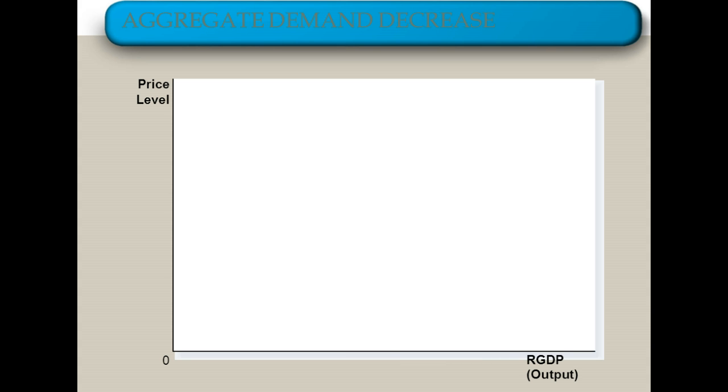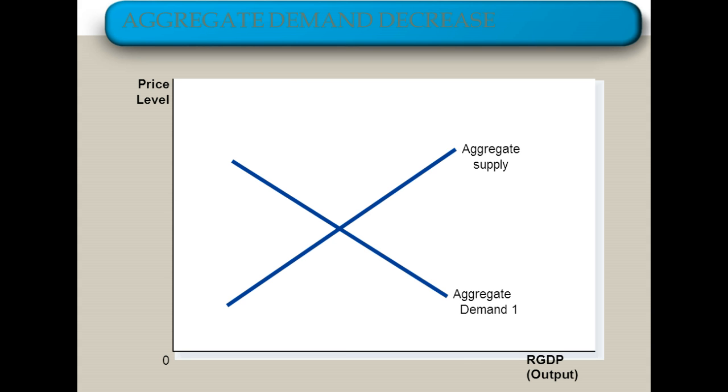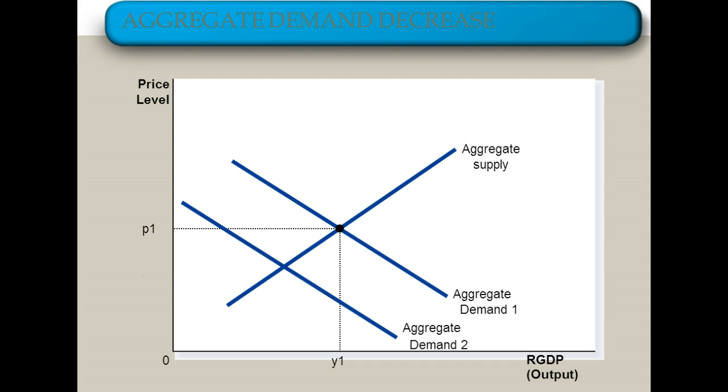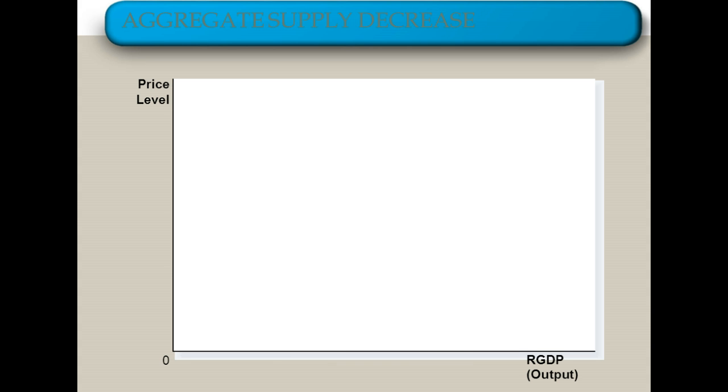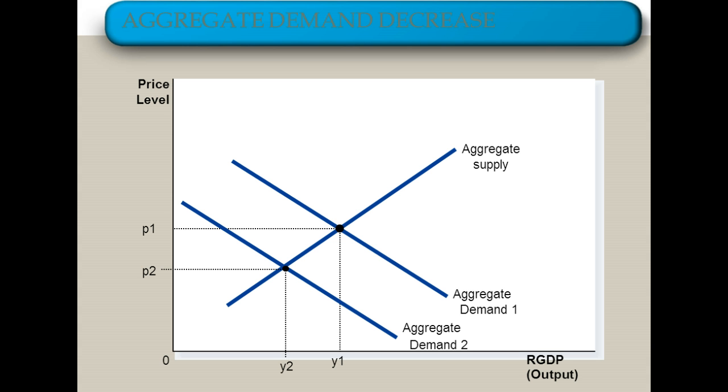Let's try another one. Let's say aggregate demand decreased. All right, there's our aggregate supply and aggregate demand curve. There's our initial equilibrium. And by the way, sometimes we'll refer to that as our current price and our current output. Aggregate demand decreases, and what do we notice? Prices decrease and our GDP decreases. And because of that, what we notice is that inflation has actually dropped and unemployment has increased. And again, why?